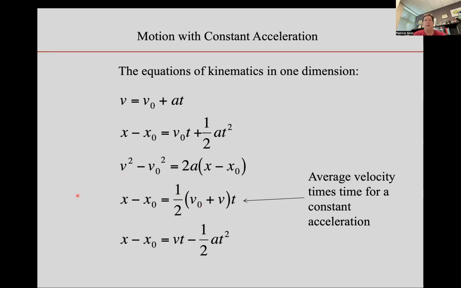And the way you play the game is you want to pick the equation of kinematics that has only one unknown and everything else is known, and just observe which is going to be a good equation of kinematics to use by which variable is missing from that kinematics equation. So our third equation has no time, our top equation has no displacement, so forth and so on.